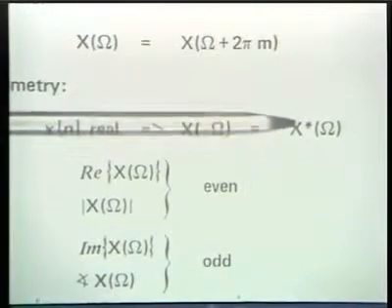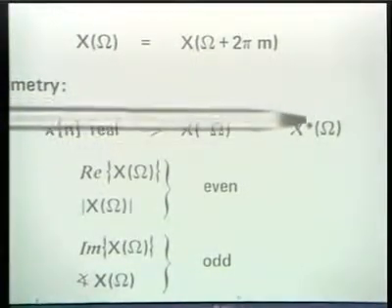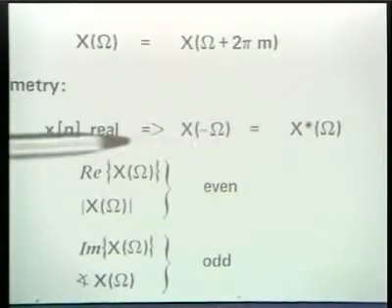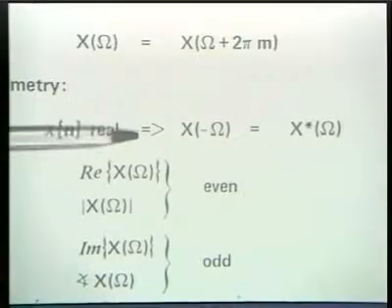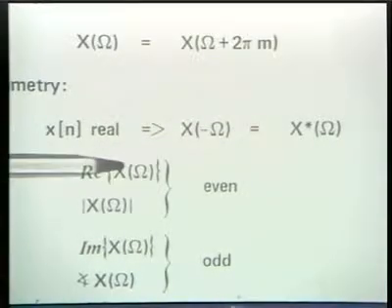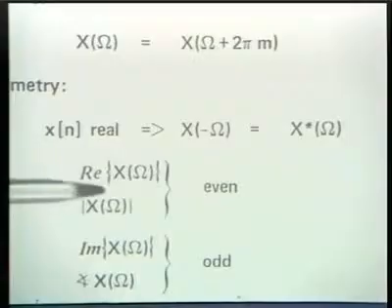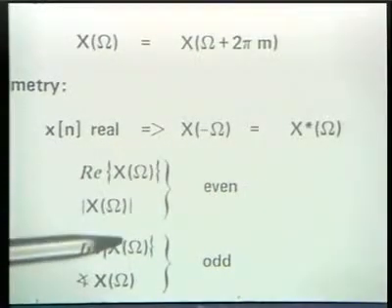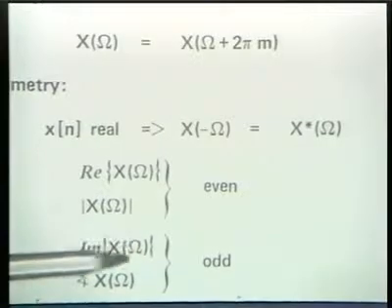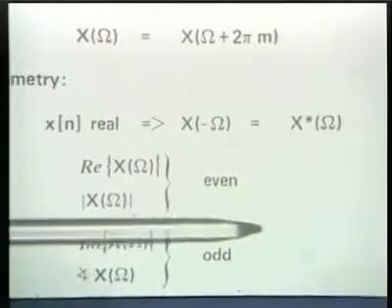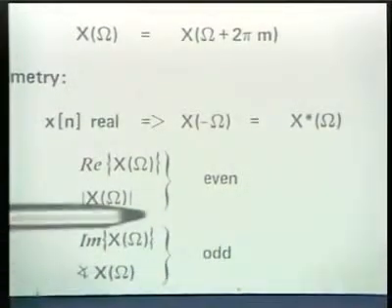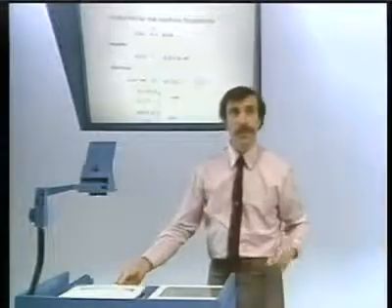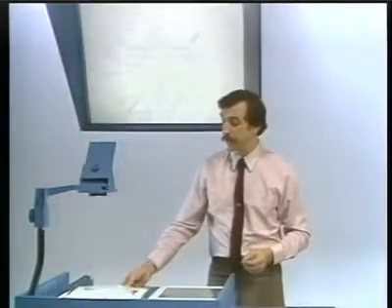As a consequence of this conjugate symmetry, the real part and the magnitude have an even symmetry, whereas the imaginary part and the phase angle are both odd symmetric. And these are symmetry properties, again, that are identical to the symmetry properties that we saw in continuous time.